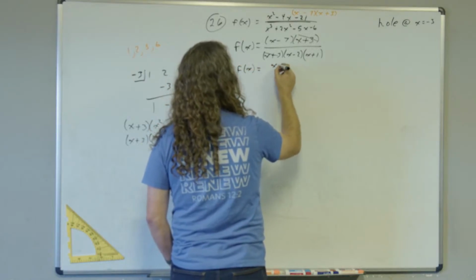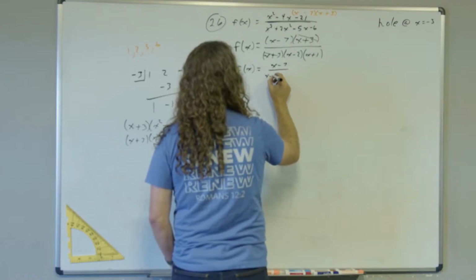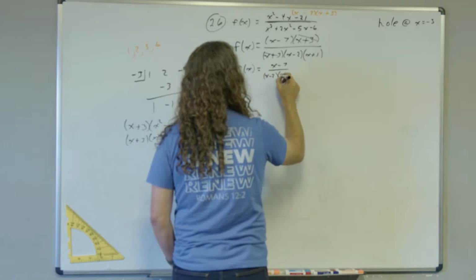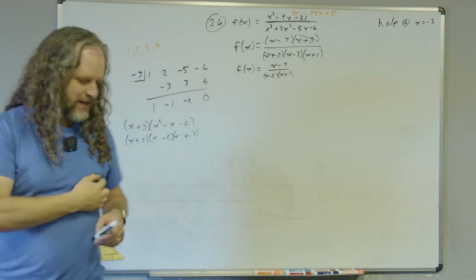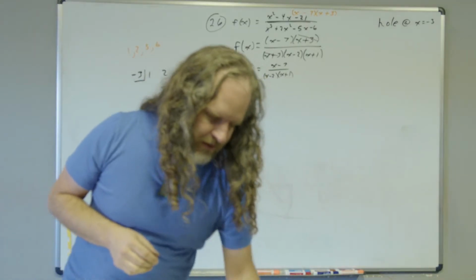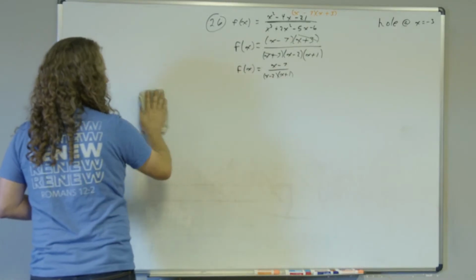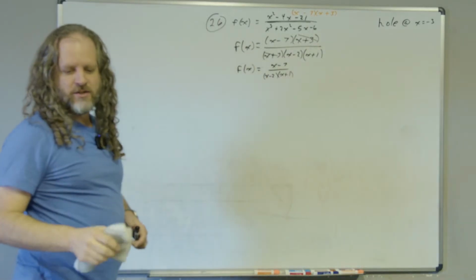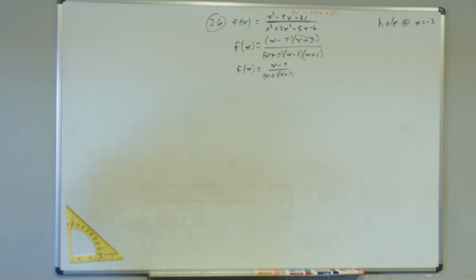So then we're just going to graph x minus 7 over x minus 2 times x plus 1. I'm going to go ahead and erase the synthetic division bit so I have more space. Now we're going to graph that thing. So we need to know about whether or not there are asymptotes.